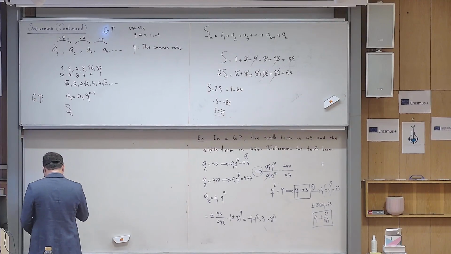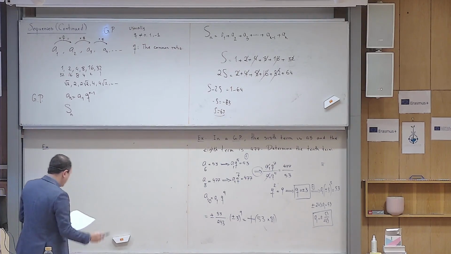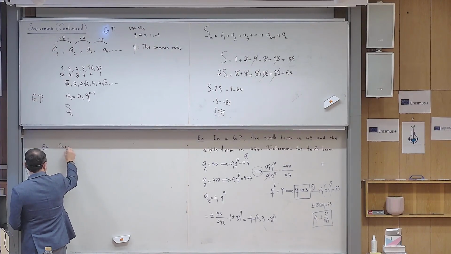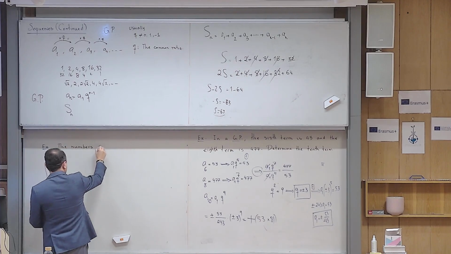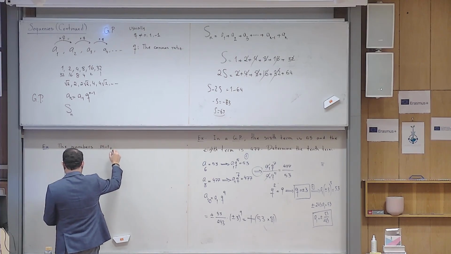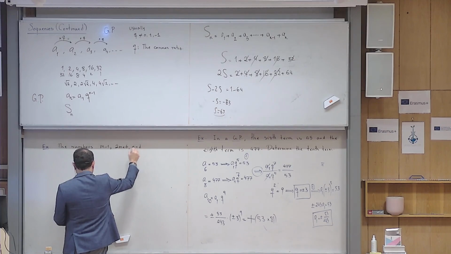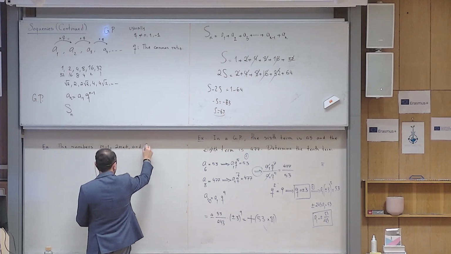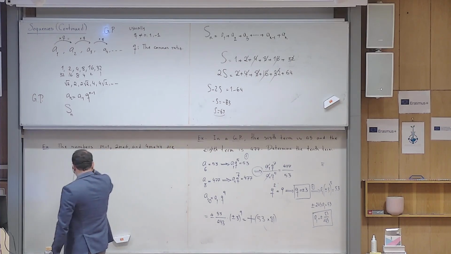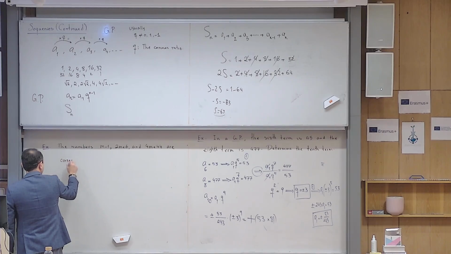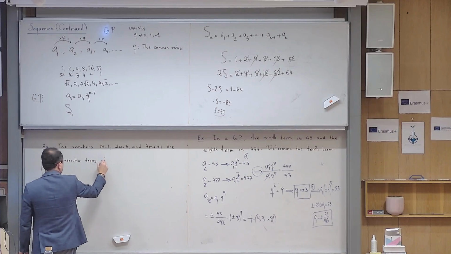Example. The numbers, let me write it like this: m minus 1, comma 2m plus 6, comma and 4m plus 44 are consecutive terms of a GP.